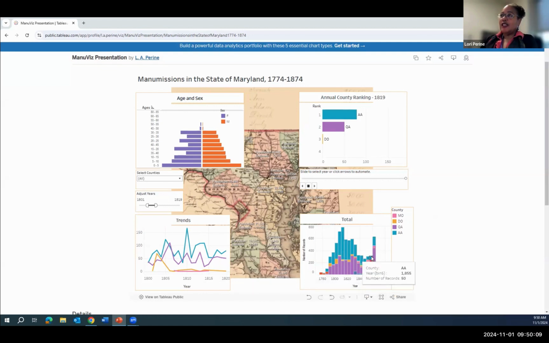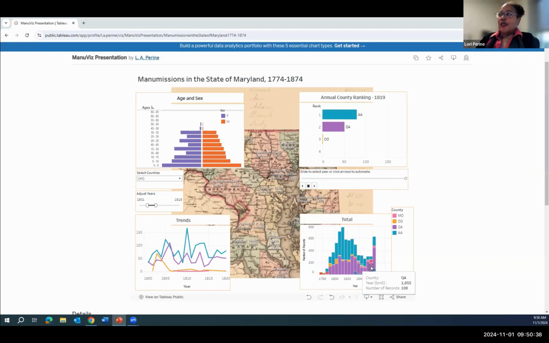In the 1860s, 1861, 62, you see a slight, in some counties, there's a slight uptick, and that's because, especially in the agricultural counties, such as Queen Anne's County and Kent County, which are on the eastern shore of Maryland, a lot of enslaved folks were manumitted to go and serve in the U.S. colored troops.